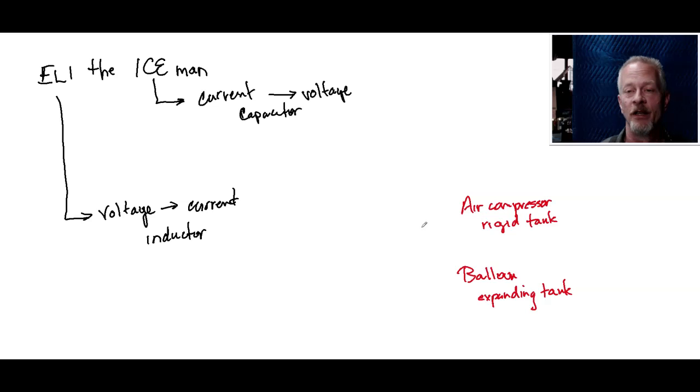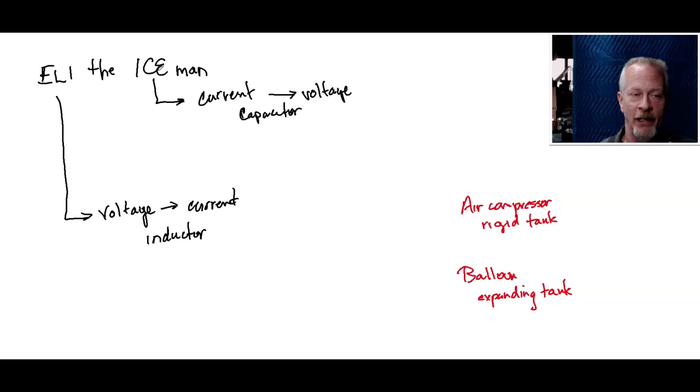So in many ways, an air compressor with a tank is very similar to a balloon. Both of them store energy. The energy that you had to use when you blew up the balloon, or the energy that you used when you had to plug in your air compressor, they turn that energy into a motion of air.